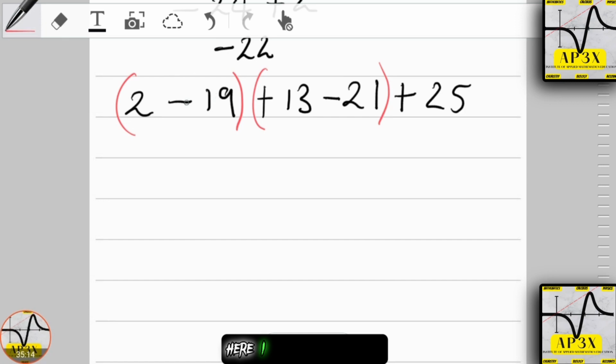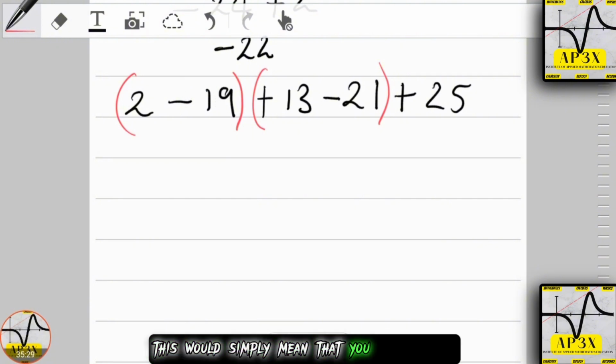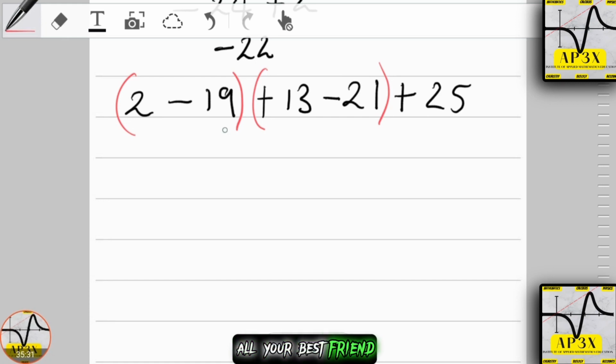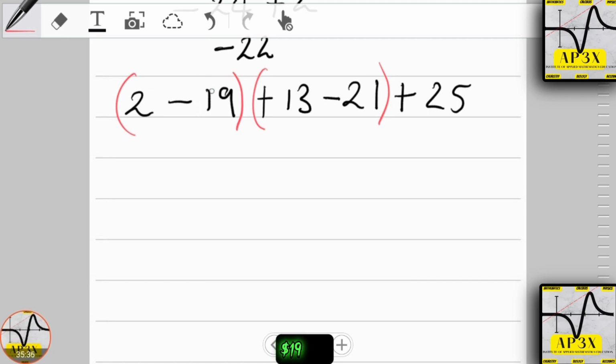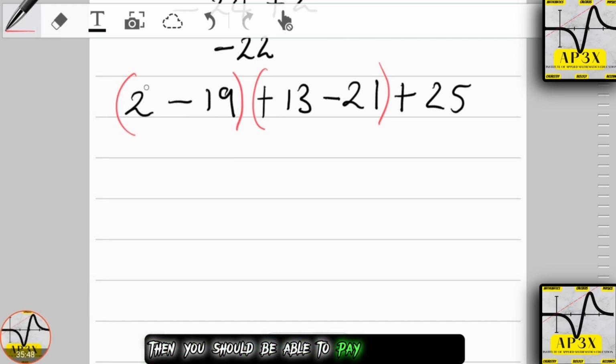Here I owe someone $19. Remember that there is no sign in front of the 2, so it's an implied positive sign, and this is clearly a negative 19. So this would simply mean that you perhaps owe your best friend, or you owe John, or you owe Tom $19, but you're only able to pay 2 out of that 19, because once you have any amount of money, then you should be able to pay what you have.